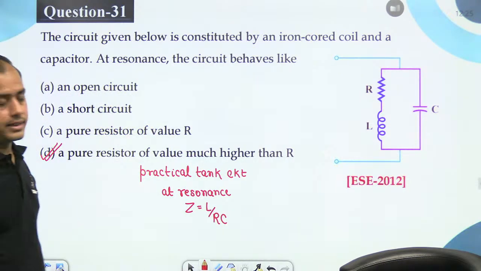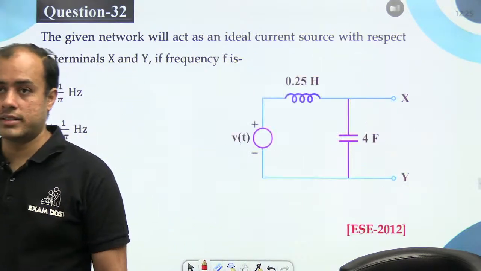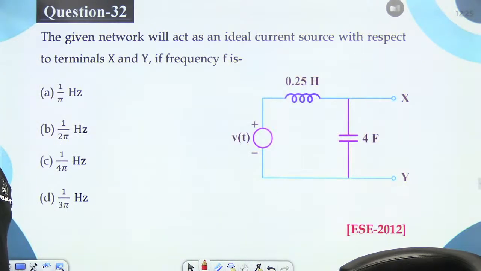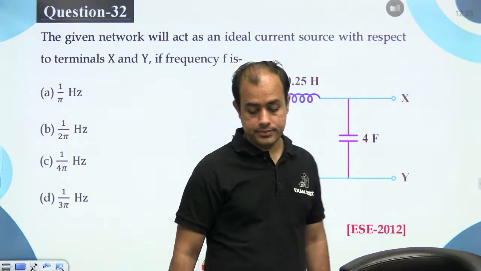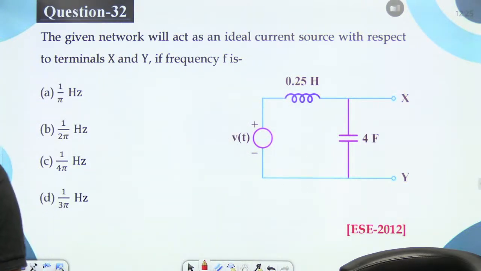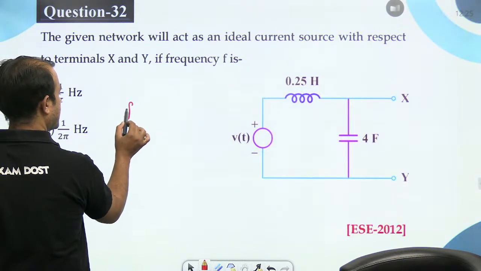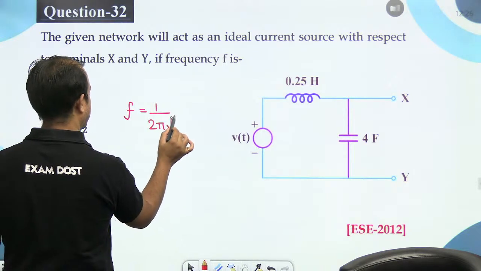Is that clear? That is much higher than R, so this is very high. The given network will act as an ideal current source with respect to X and Y. At resonance, it will become an ideal current source.